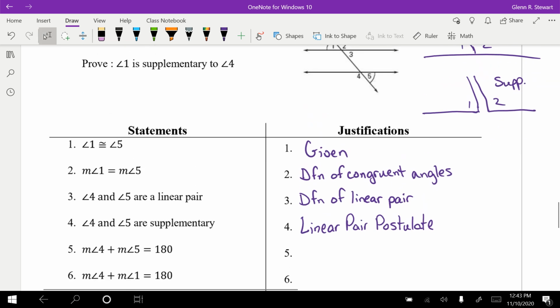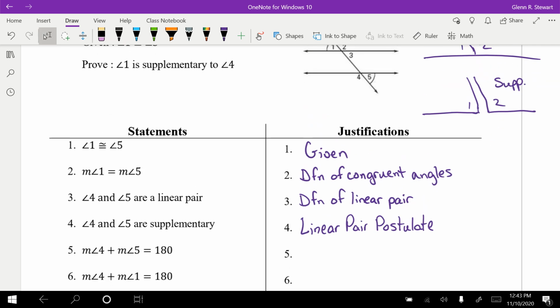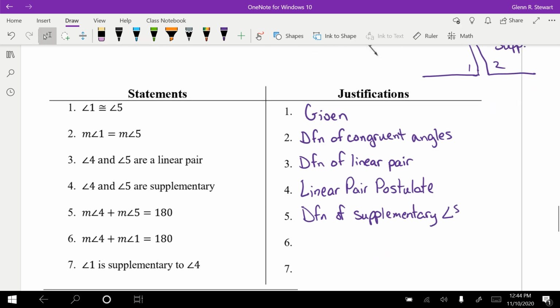Measure of angle 4 plus the measure of angle 5 is equal to 180. Definition of supplementary angles. And now that we know this, if you take a look at this step and then this one, that is how we end up getting the measure of angle 1 in here.